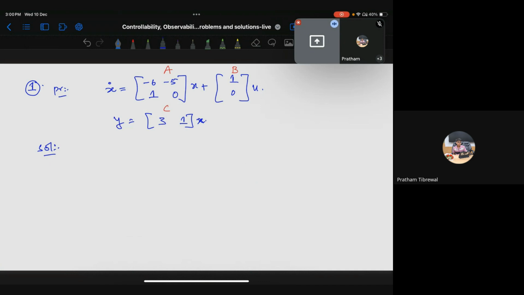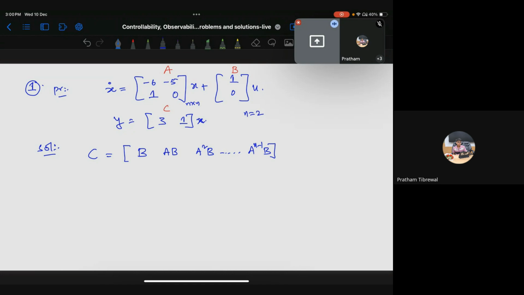First, controllability. The controllability matrix, call it the C matrix, has the basic form B, AB, A squared B, up to A to the power n minus 1 times B, where n is the order of the system.